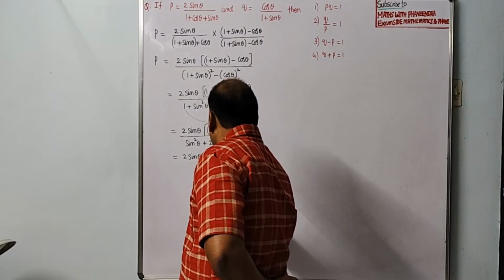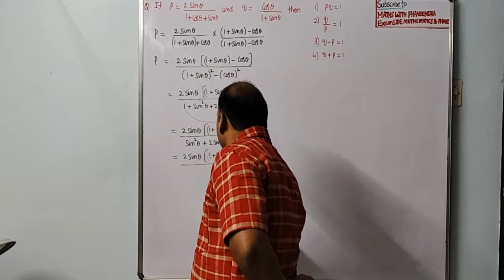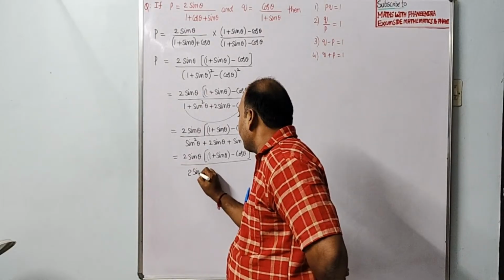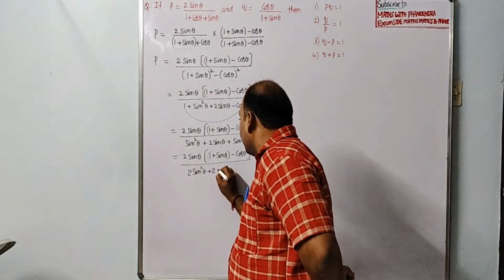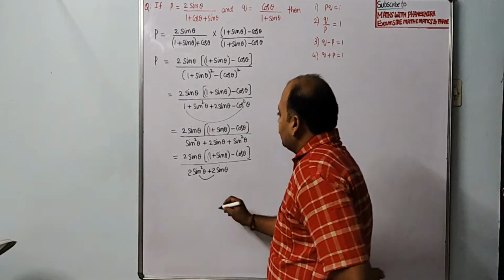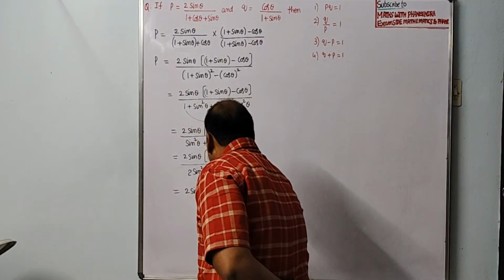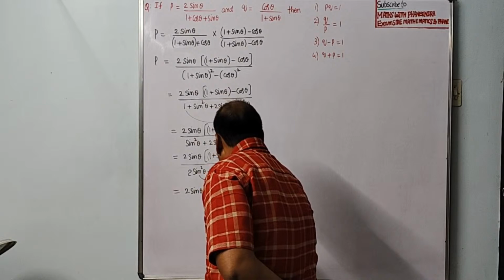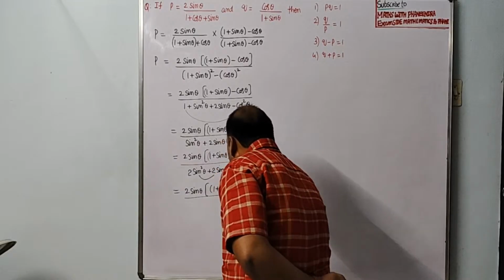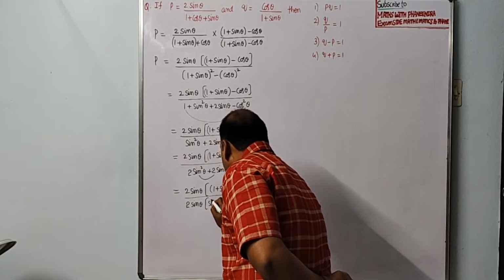That is 2 sine theta into (1 plus sine theta minus cos theta) divided by sine square theta plus sine square theta, which is 2 sine square theta, plus 2 sine theta. Again, take 2 sine theta common, dear students. So 2 sine theta into (1 plus sine theta minus cos theta) divided by 2 sine theta into (sine theta plus 1).